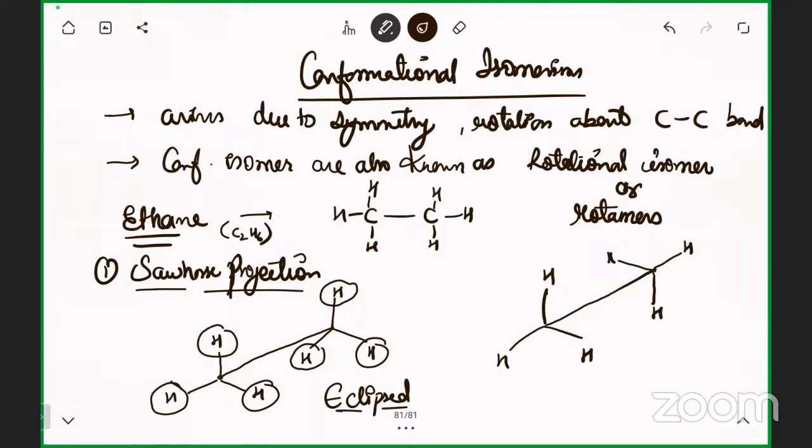Now none of the front hydrogens is covering up the back ones. So this form is known as staggered. I have rotated this particular bond in this way, and it formed a staggered form. So two types of sawhorse projection are there: one is the eclipsed form, another one is the staggered form. Got my point?